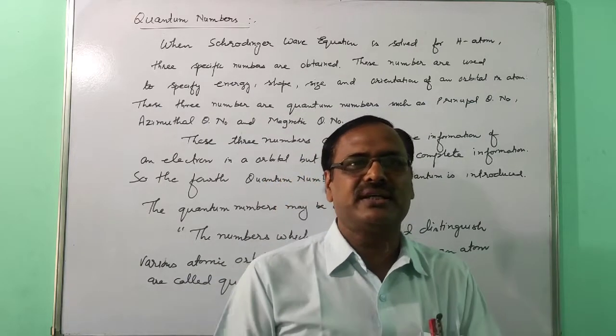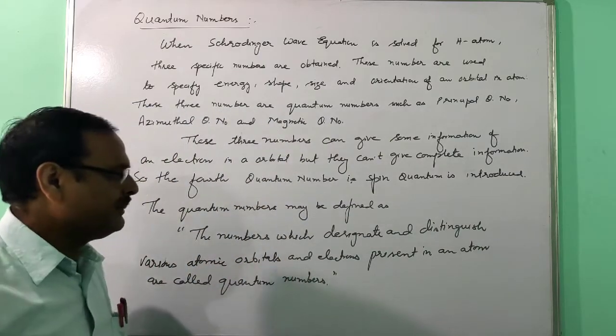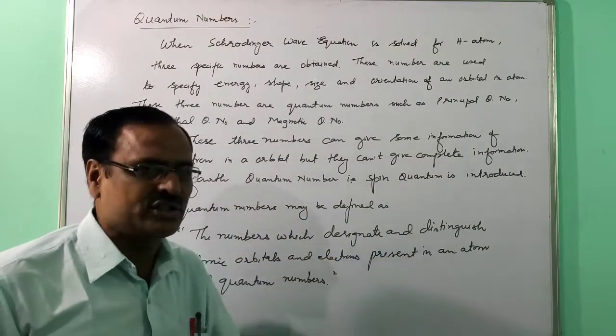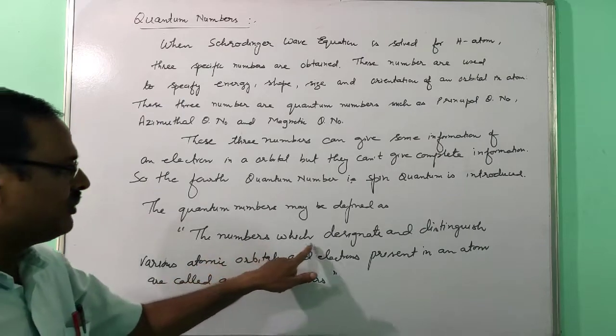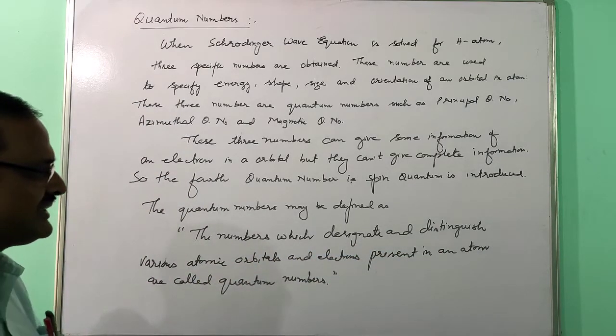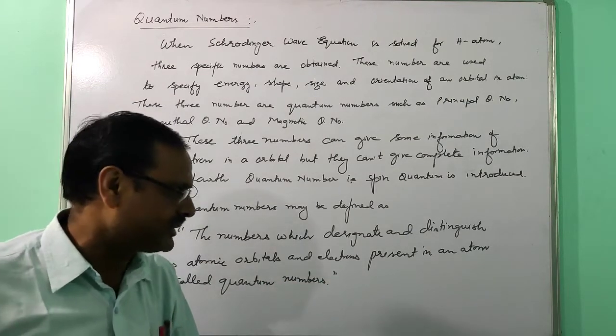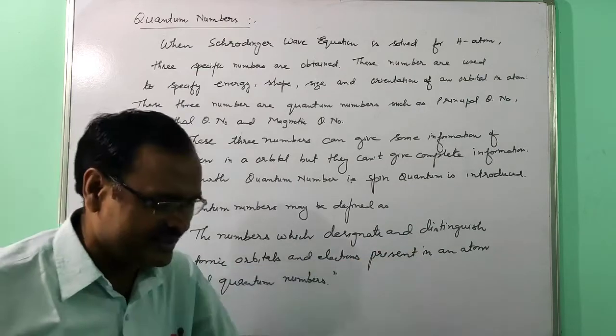So what is the definition of the quantum number? The numbers which designate and distinguish various atomic orbitals and electrons present in an atom are called quantum numbers. What is the meaning of designate and distinguish?